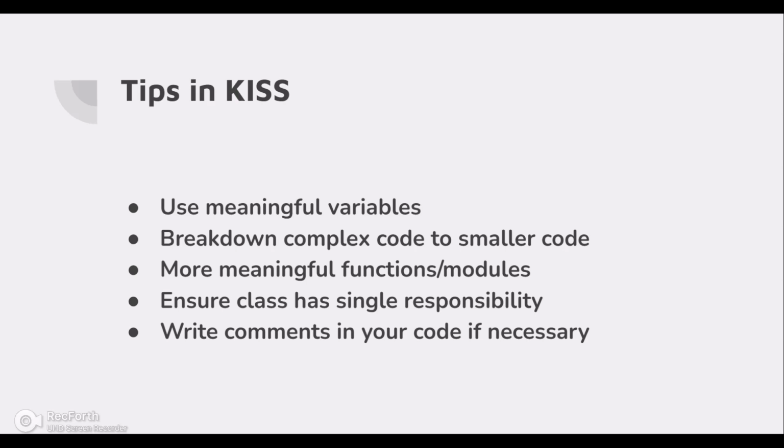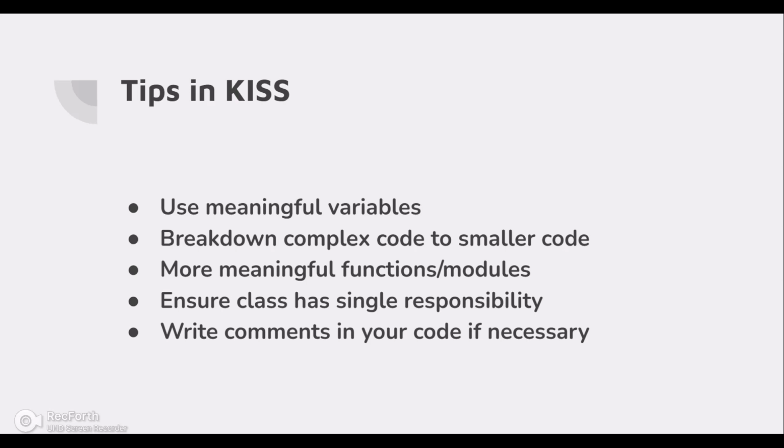The second point is to break down complex code into small pieces. Usually we can see people writing 200 lines of code in a single function. Instead of that, make sure that your function is doing only one activity, that is, the function should have only one responsibility. Also make sure that the number of lines in a function is very small.